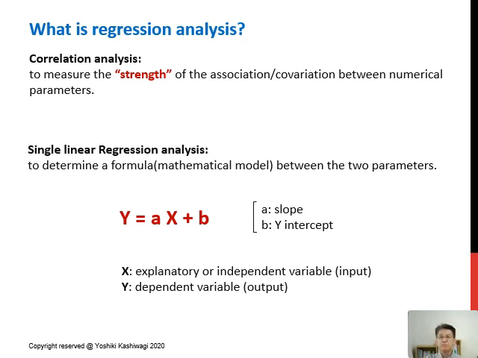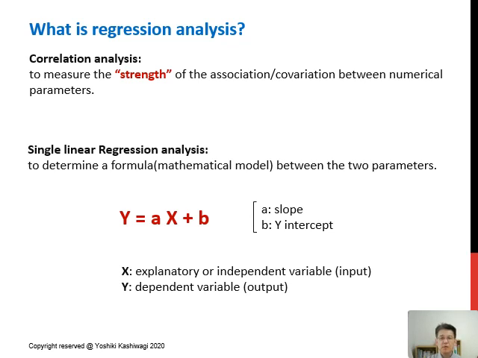Now let's move to regression analysis. When you do a regression analysis, you have to find two parameters or two datasets which have correlation. With these two parameters, you can do regression analysis.